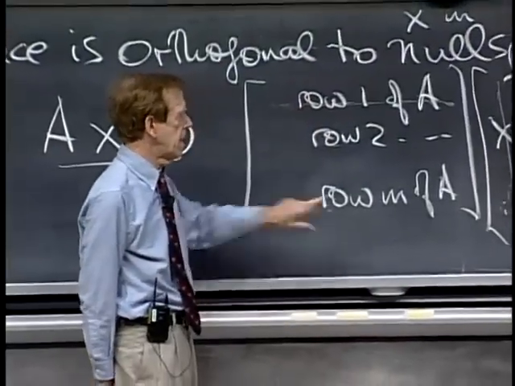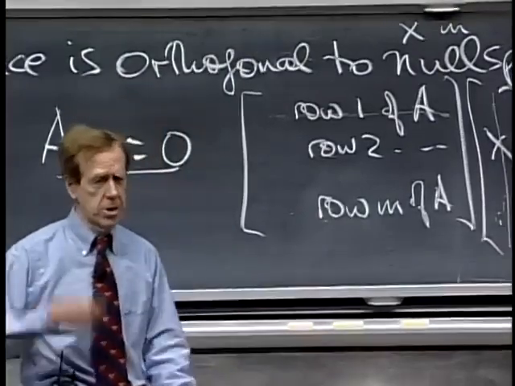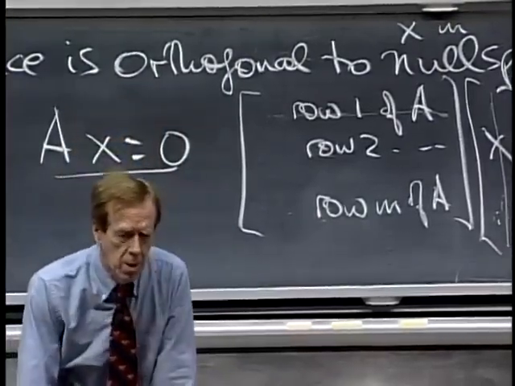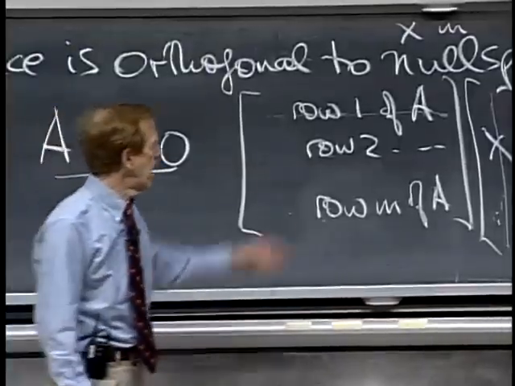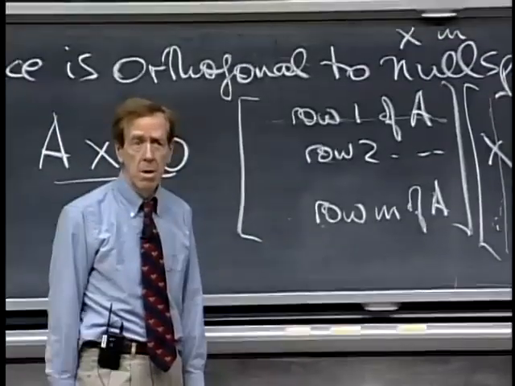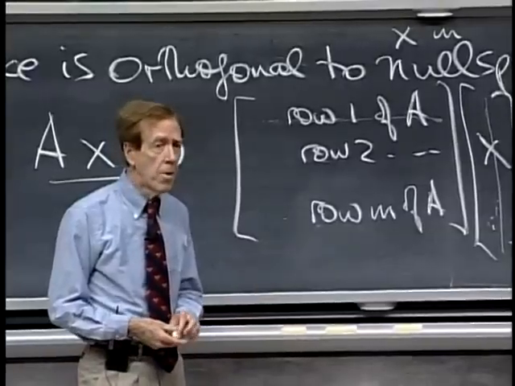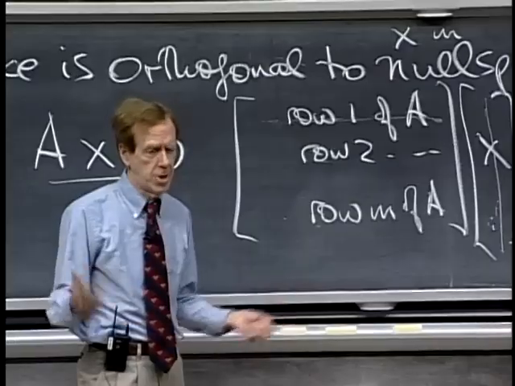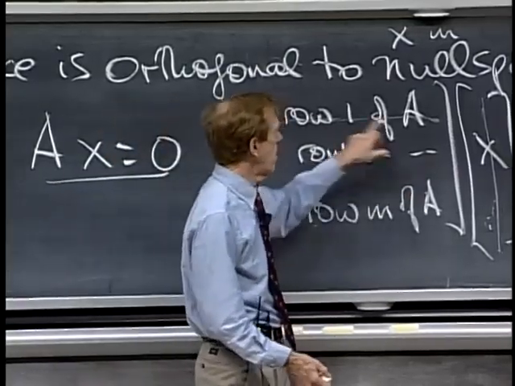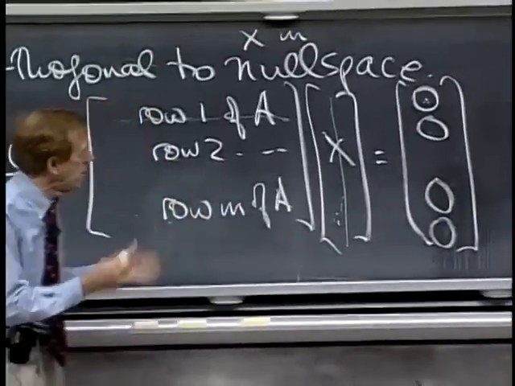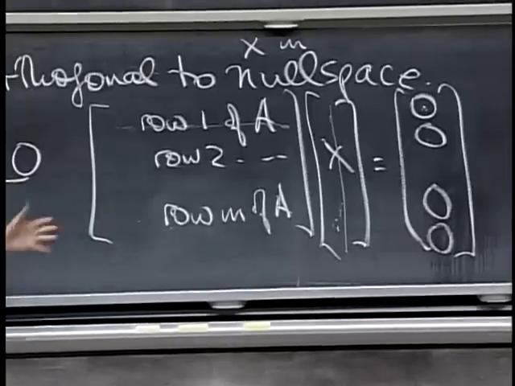That row is in the row space. But that's not the whole row space, right? We just have to remember, what does that word space tell us? What else is in the row space besides the rows? All their combinations. So I really have to check that if x is perpendicular to row 1, row 2, all the different separate rows, then x is also perpendicular to a combination of the rows.